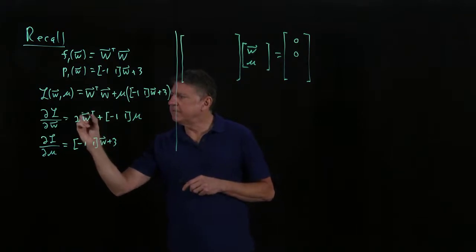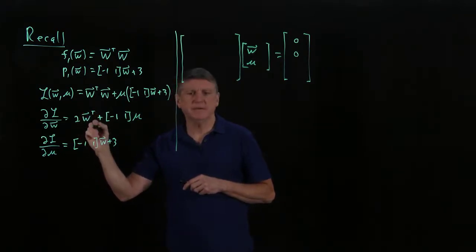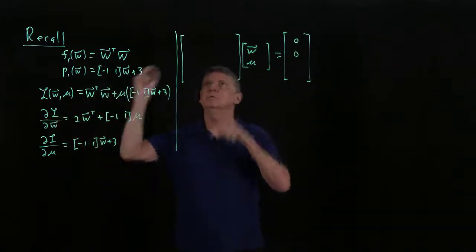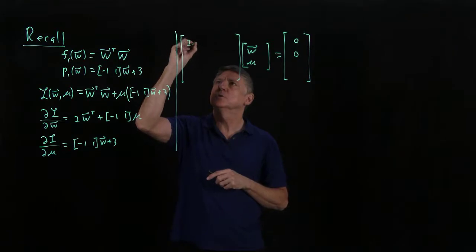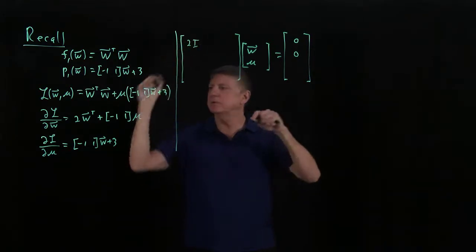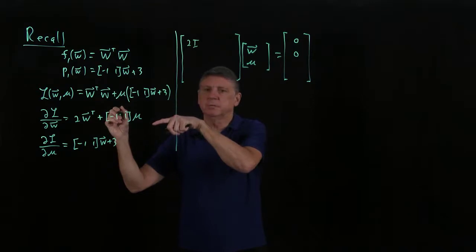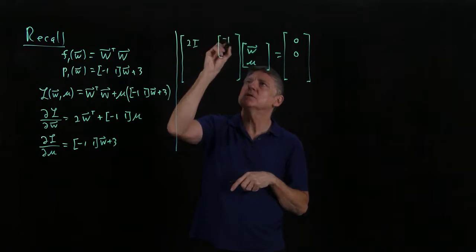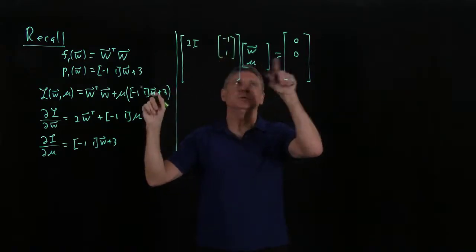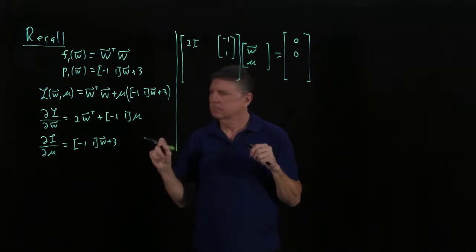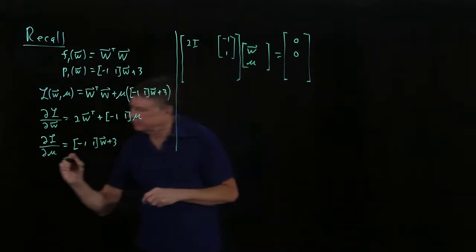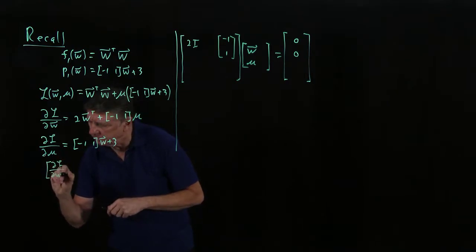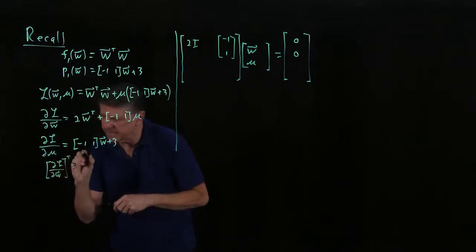Here, I can imagine that there's an identity function there. So that is 2 times the identity times W, plus, when I've transposed that, the vector minus 1, 1 times mu, equals 0. Let's just cross-check that. Let's take that 1-form and transpose it.